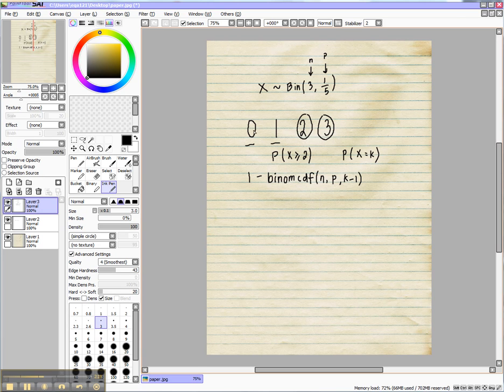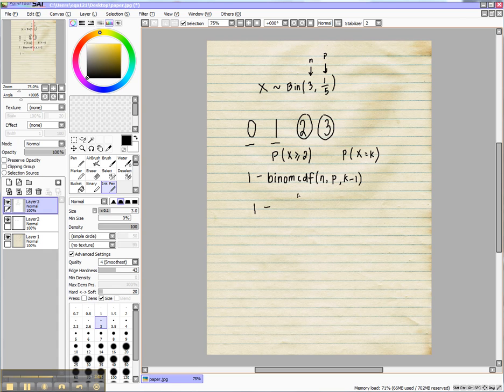And I can subtract these two by calculating the probability of having these two. We calculate this probability by using binomial CDF. Remember, C, you can refer to it as cumulative, so it's 0 and 1. I hope that's clear. The entire probability is 1, so you subtract this left side to get the right side.